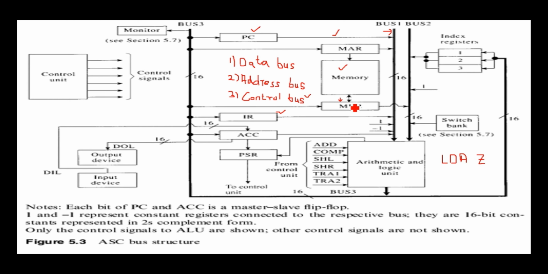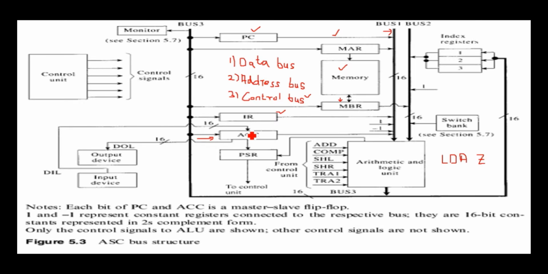So when MAR is given the address of Z register, a memory read operation will be performed, and Z register will be accessed. Whatever data is stored in Z will be transferred to MBR, and from MBR it will then be transferred to the accumulator. So accumulator is connected with the MBR via bus number 2. So that path will be used for data transferring from MBR to the accumulator.